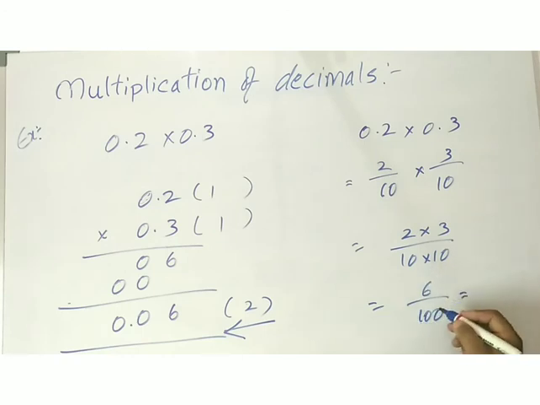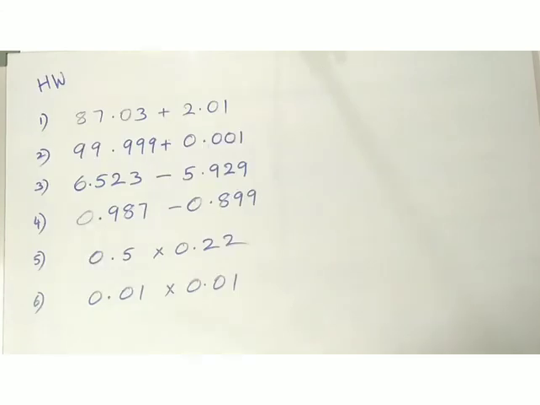As you know, if the denominator is 100, we can write it as 0.06. See, on both sides we got the same answer. Got an idea? You can do the same for 3-digit numbers, 4-digit numbers, 5-digit numbers also. That depends upon the situation.